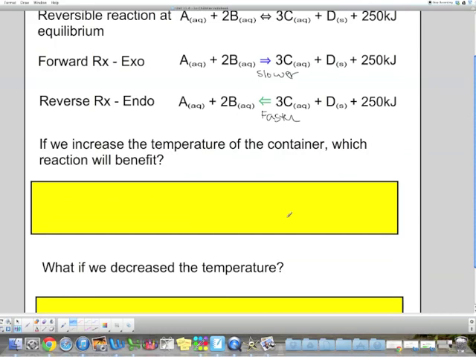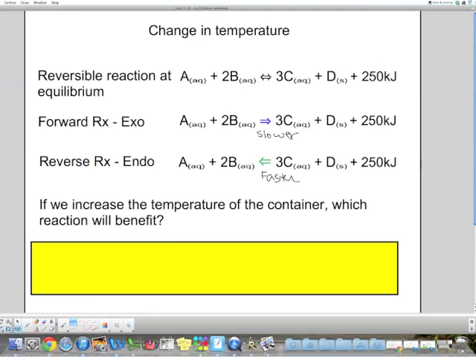Let's look at the reverse example. What if we decrease the temperature? Let me just erase this. So if we decrease the temperature, which one are we hindering? Well, we're taking away energy. Again, this one doesn't need the energy in order to react.